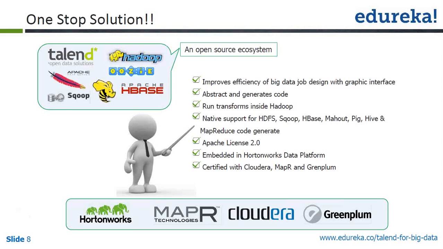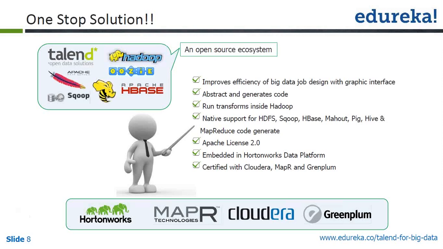As you see, most of the top-class brands, the market leaders in the big data industry, MapR, Cloudera, have all partnered with Talend, knowing the capabilities it has to offer through its graphical user interface. It saves you so much time compared to MapReduce hand coding, which obviously gives you an upper edge.